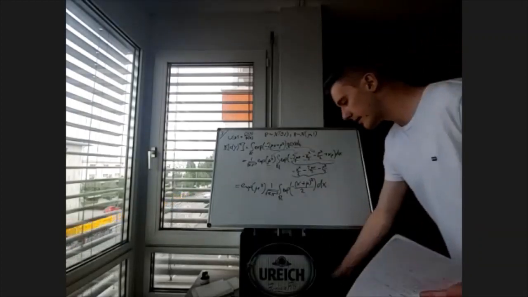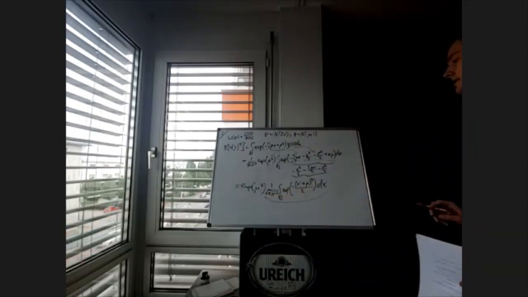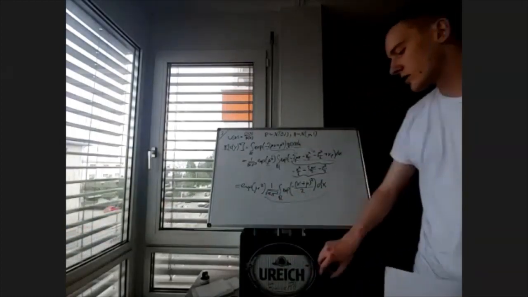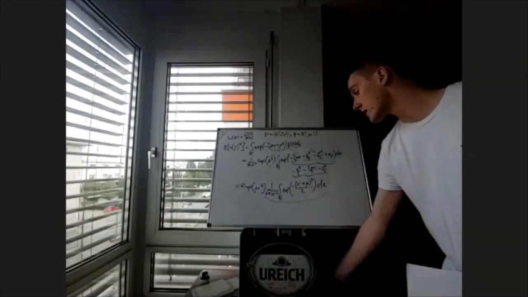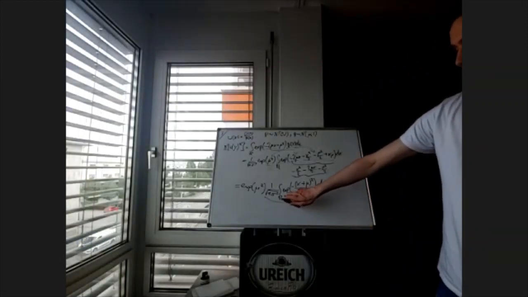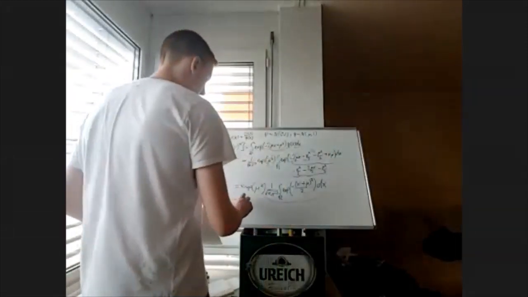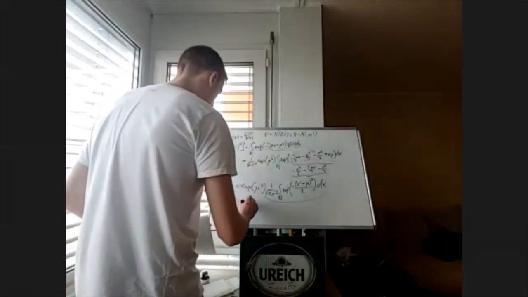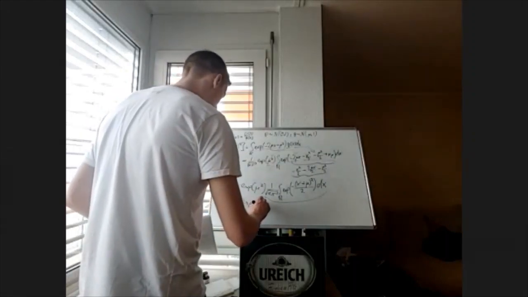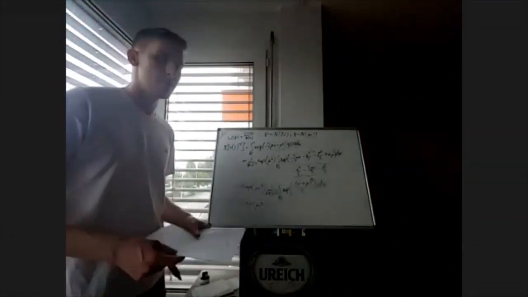This is the density of a Gaussian variable, so integrated over R, it's 1. So we are left with this part, which is what we wanted to show.